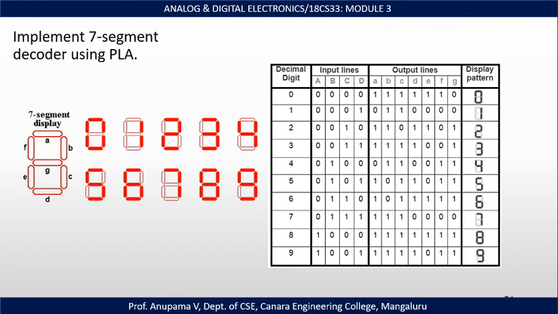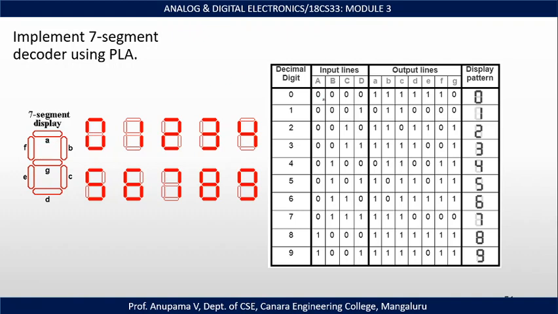Implement 7 segment decoder using PLA. First write the truth table for 7 segment decoder. So this is the 7 segment display diagram which has 7 LEDs, namely A, B, C, D, E, F, G, arranged in the form of 8. So depending on the BCD input A, B, C, D, the LEDs will glow.